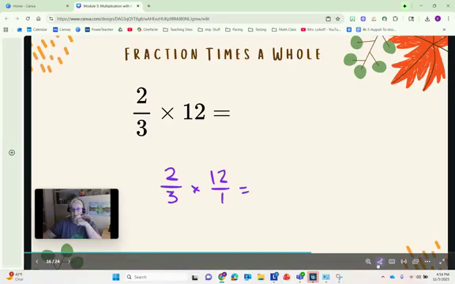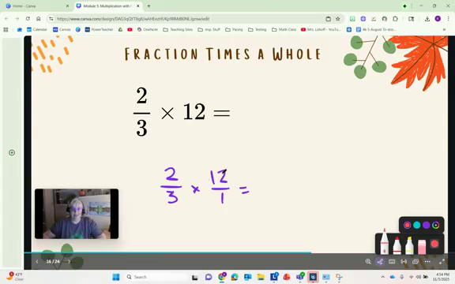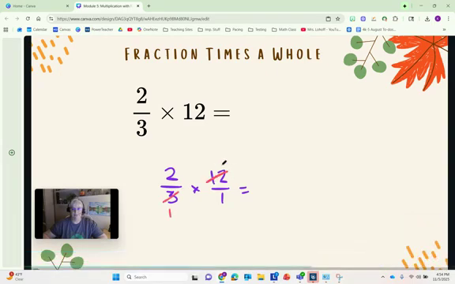What I can do is look at my 12 and the number 3, because they're on opposite sides. And I know that I can divide 3 by 3 and I can divide 12 by 3. 3 divided by 3 is 1. 12 divided by 3 is 4. If I can eliminate some common factors at this part of the problem, it saves me time in the end.